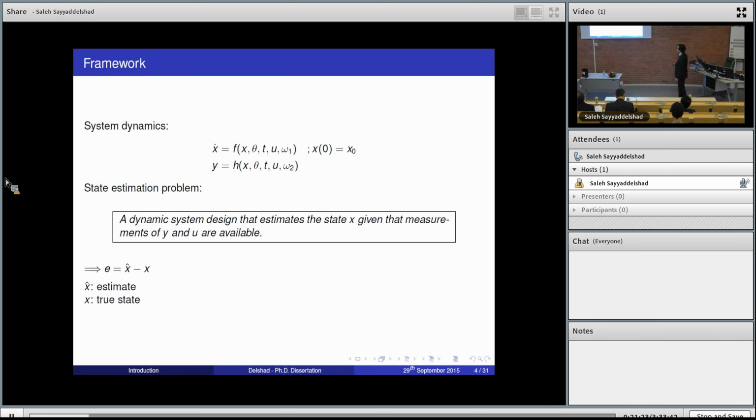I borrowed this definition from Misawa 1988: the state estimation problem is designing a dynamic system that can estimate the state x, given that the measurements y and u are available. Simply, this is the fundamental thing in state estimation: you have an estimate of your state, you define the estimation error, and you try to minimize this error in some sense, depending on your problem.